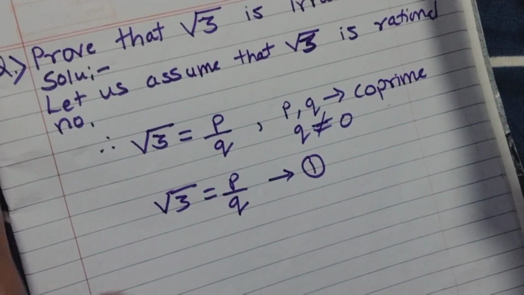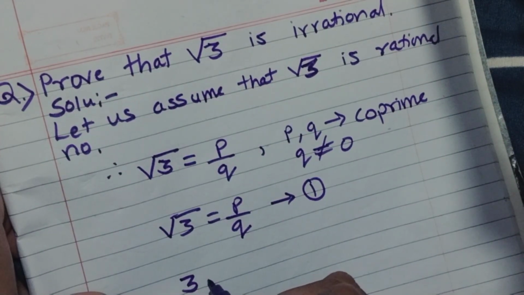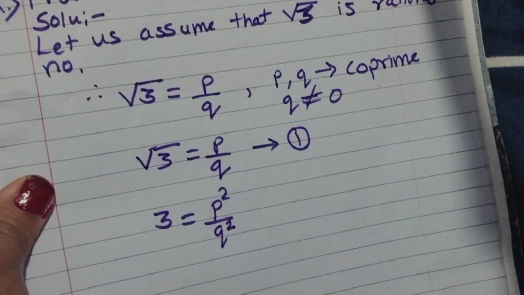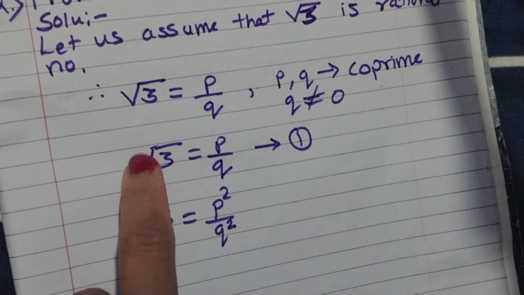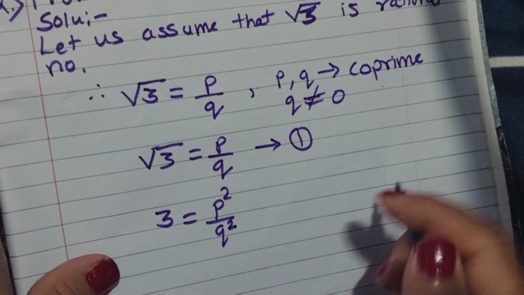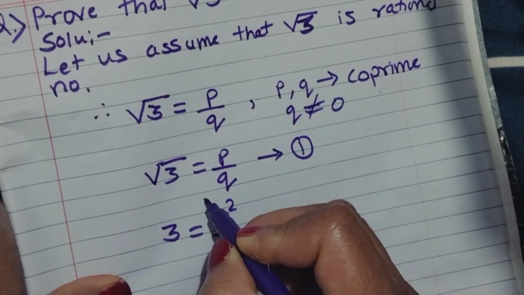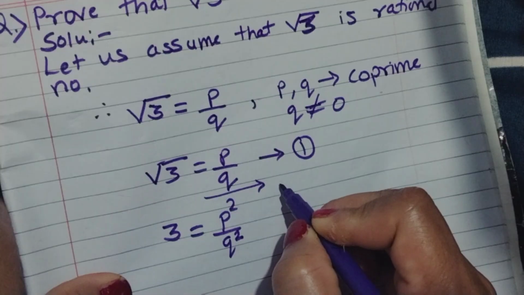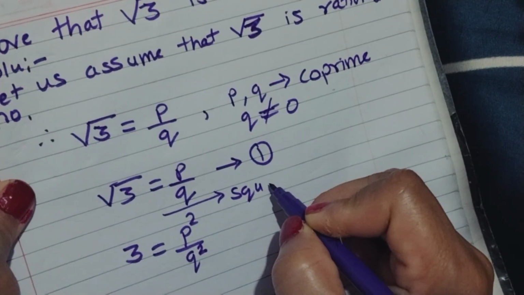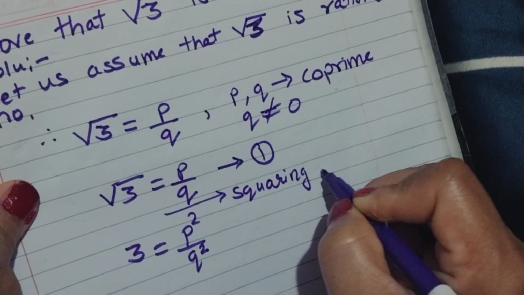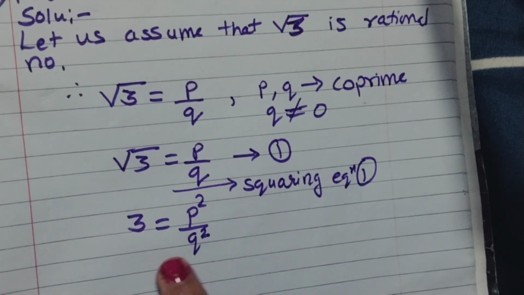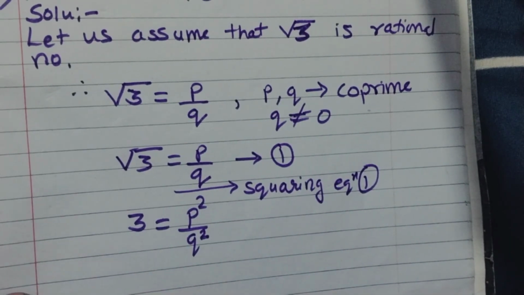Now squaring both the sides, we get 3 is equal to P square upon Q square. If you square here, then this root will be cancelled. You can write here, squaring equation 1, we get 3 is equal to P square upon Q square.